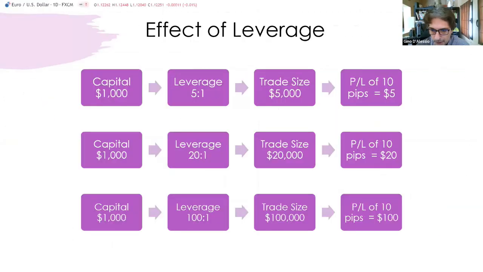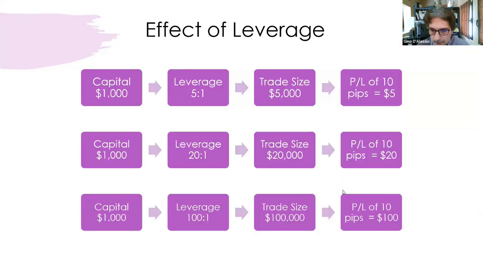So we saw the basic takeaway here on leverage is that the higher the leverage, the greater the risk. And obviously you can make a lot of money. In the last row, you have 100-to-1 leverage, and you'll be trading $100,000 with your $1,000. But every 10 pips is $100.